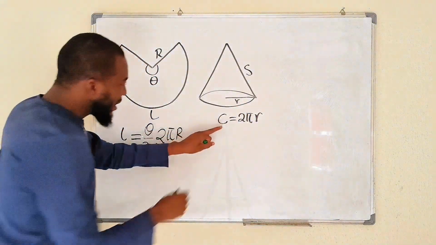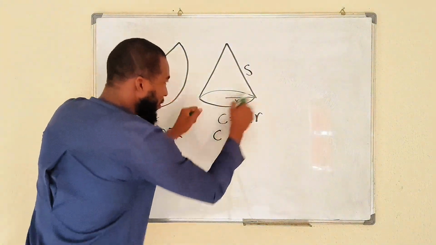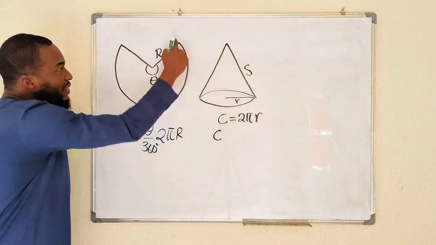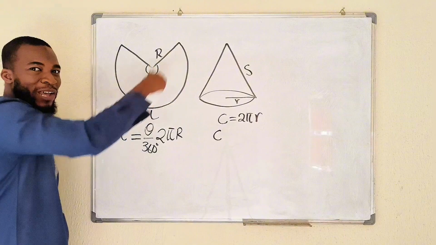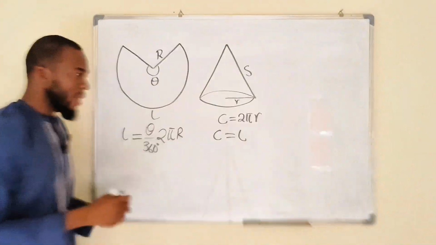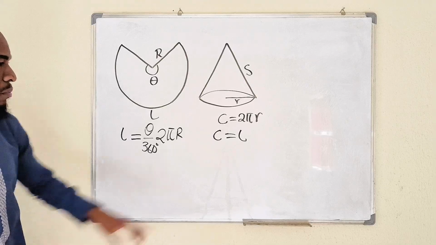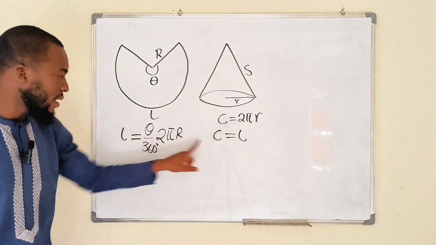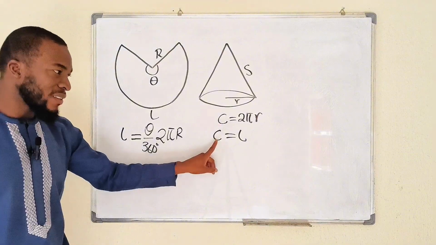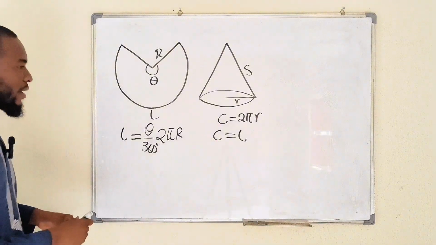And this particular C, the circumference of this circle, is equivalent to this L from our sector. So C is equal to L. So why not just replace L with C?